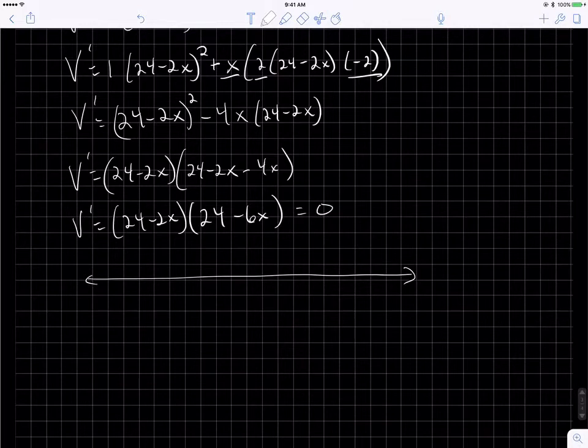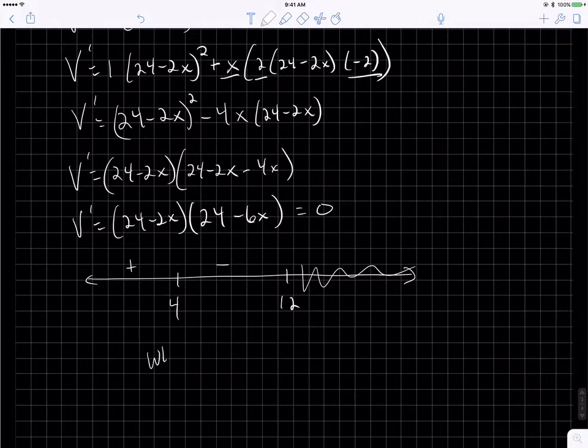So that's going to give me 2x, so I'm going to get 12. And the other one I'm going to get 4. I don't have to test 12 because 12 is outside the domain, because I won't have any paper left if I cut squares of 12 inches. So then I plug in, I get a positive, I get a negative.